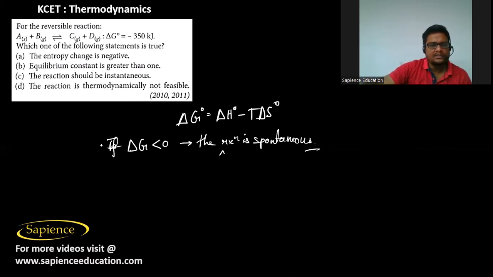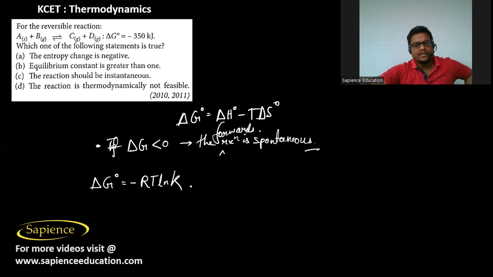Delta G is negative, so it means the forward reaction is spontaneous. And we also know that delta G naught equals minus RT ln K, where K is the equilibrium constant.